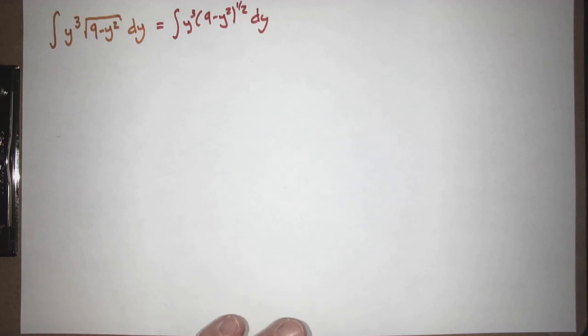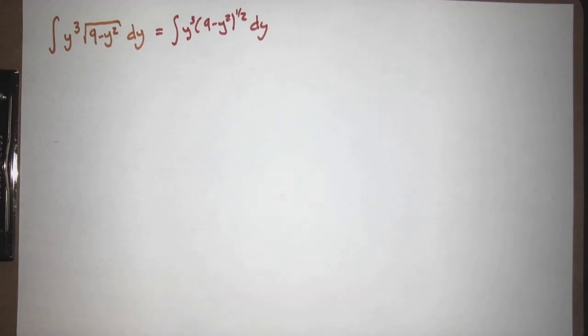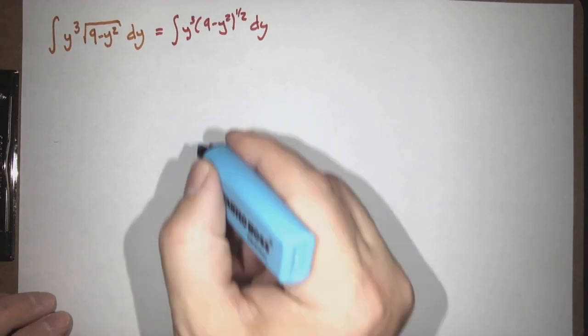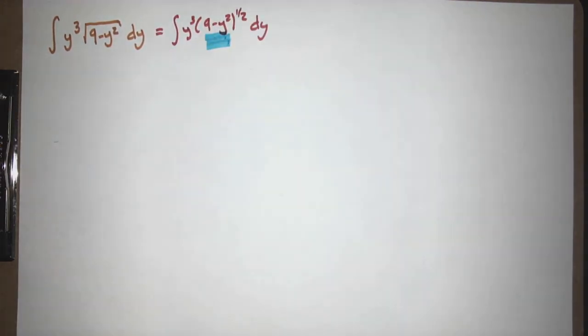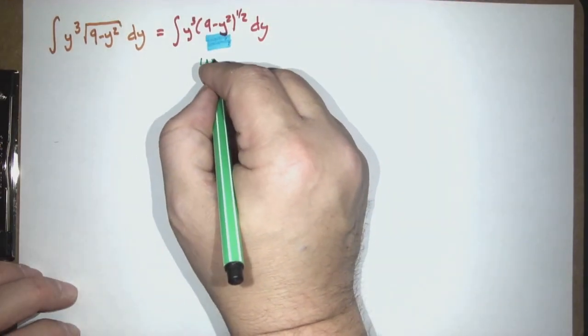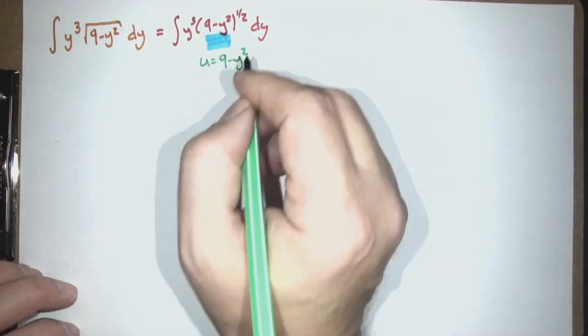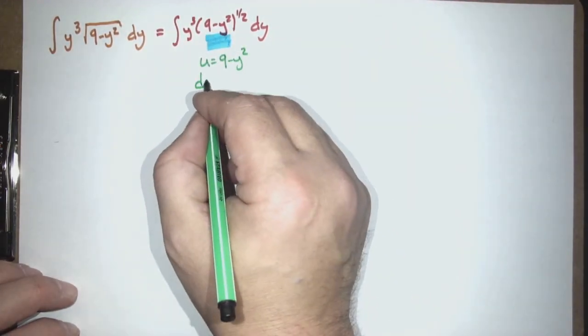Why do you want u to be 9 minus y squared? It's on the inside of something, right? We're looking for inside stuff. Inside addition. All right, so u equals 9 minus y squared. What would du be?